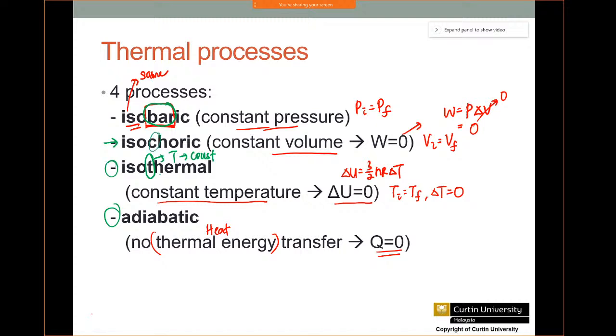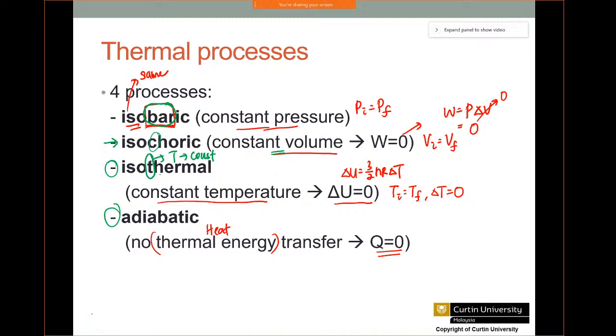In Mandarin, when we say someone is boasting, we say they are choi soya, meaning they blow water, like they are boasting. Sui means something related with volume. So this is how they remember isochoric as constant volume.